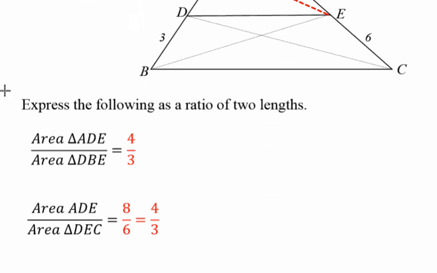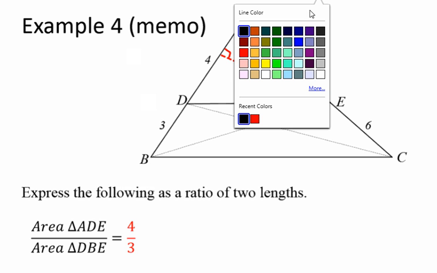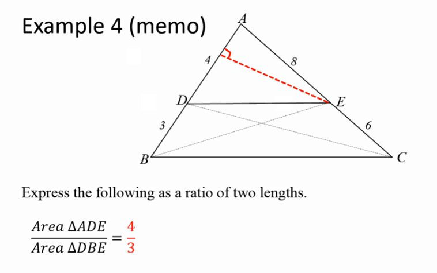Let's do the same thing, but now we're looking at the area of triangle ADE and the area of DEC. Now my altitude sits in a different position. So I'm going to pop that in green. There's my altitude now.